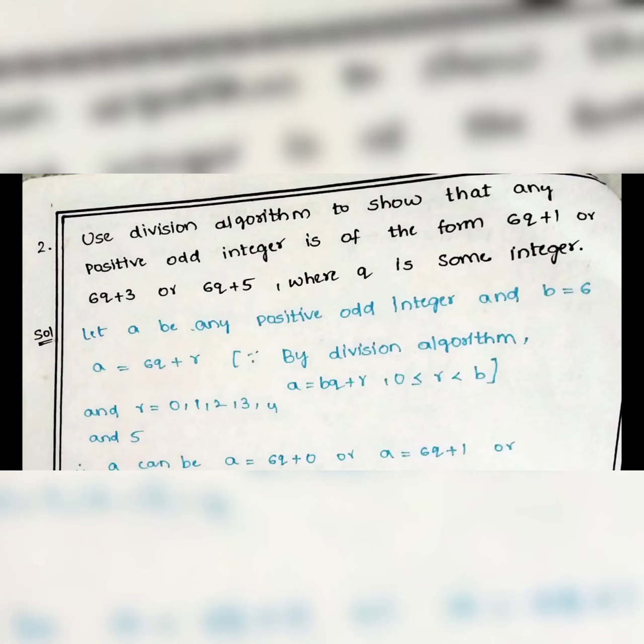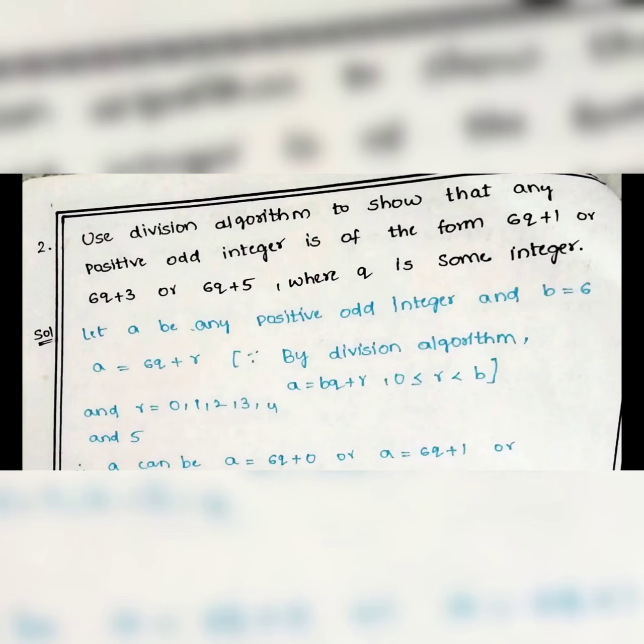So what are the possible values of r? If b equals 6, then the remainder will be less than b only. Here by division algorithm we can say that 0 is less than or equal to r less than b. So the remainder will be less than b only. We have taken b as 6, so r can be 0, 1, 2, 3, 4 and 5.